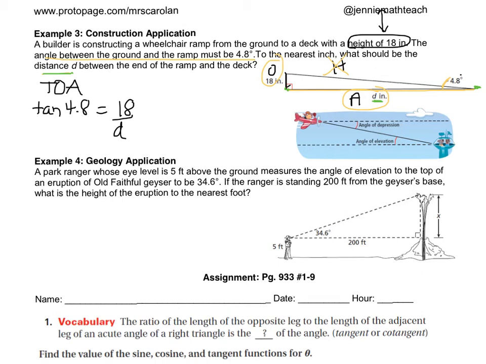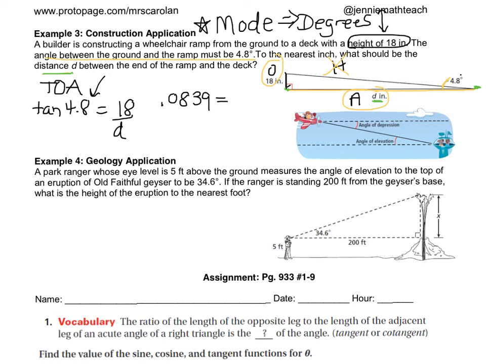Now the tangent of 4.8 we have to type into the calculator. Make sure that your calculator is in degree mode. So if you press the mode button, make sure it says degrees, not radians. So go ahead and type the tan button of 4.8 on your calculator, and you're going to get 0.0839.